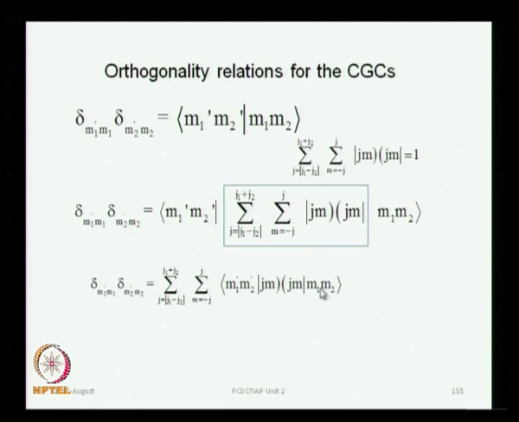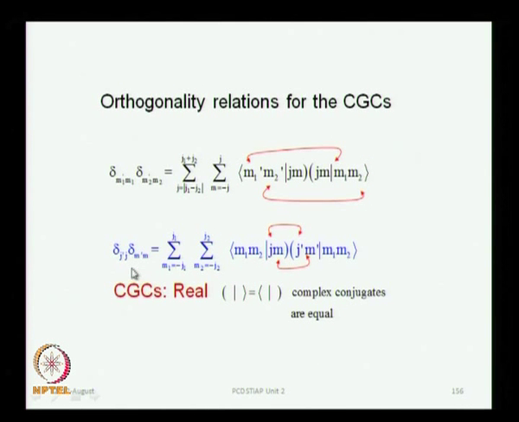You can also write this element before the other one, it does not matter. Notice that this is an orthogonality between this M1 prime index and M1, and then this M2 prime index and M2, and what is sandwiched in between is the unit operator. So, it is a very simple relationship, all that you have exploited is the resolution of unity.